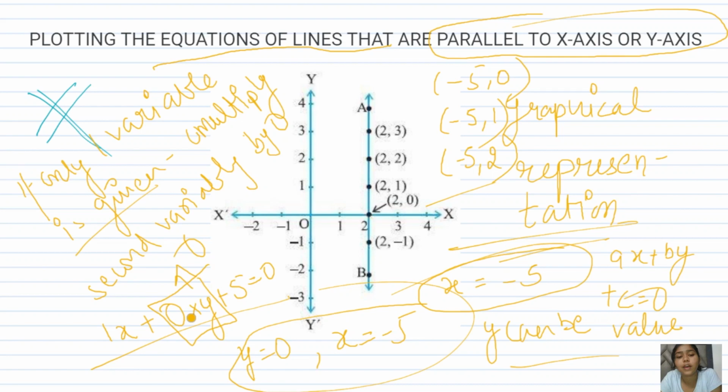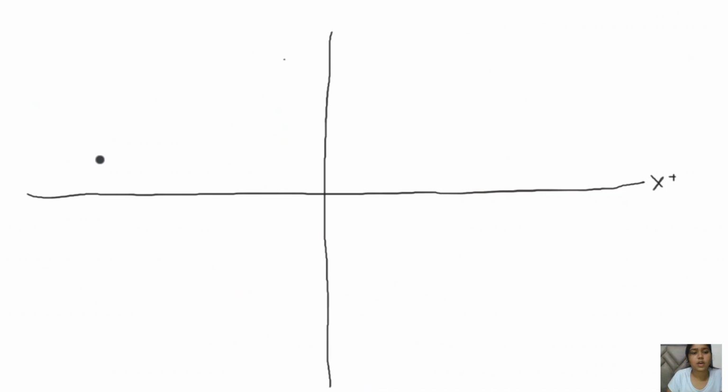If we have to represent this, I'll just show you. This is the Cartesian plane, containing x positive and x negative, y positive and y negative. This is the origin.